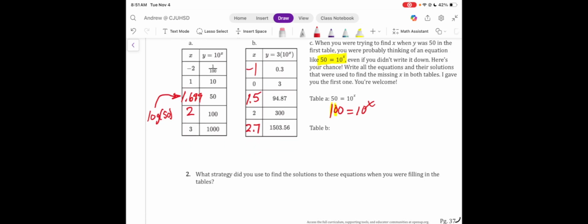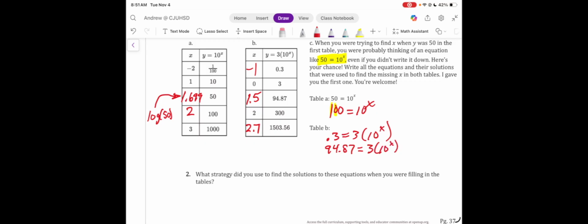In the other table, the first one would have been 0.3 equals 3 times 10 to the x. Do you see the pattern yet? The next one is 94.87 equals 3 times 10 to the x.